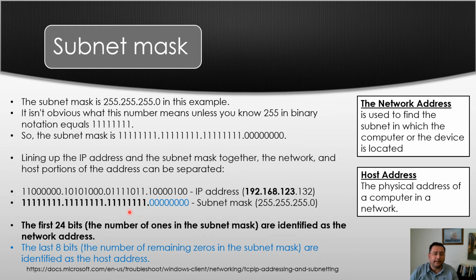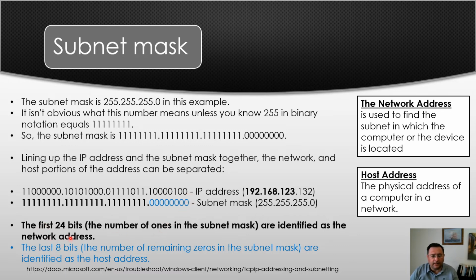So this directly shows that the first 3 octets help us find the network address, and the rest is the host address, the address of a computer in a network.